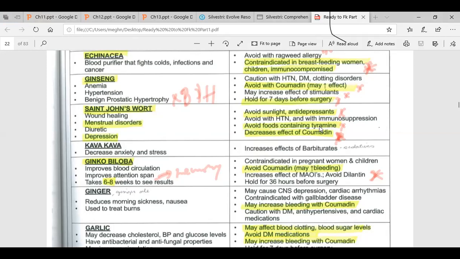If you ask me what tyramine-containing food is, examples are avocado, banana, and all cheese-containing food. It also decreases the effect of Coumadin. So again, if your patient takes a blood thinner like Coumadin, it is not good to tell them to take St. John's wort. This is the herbal medication.